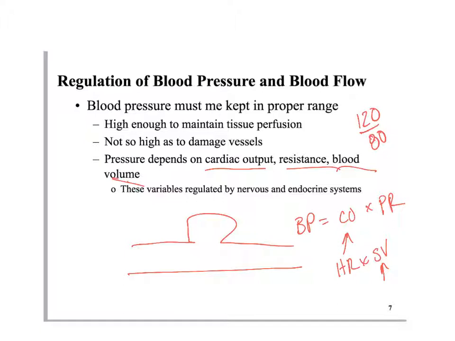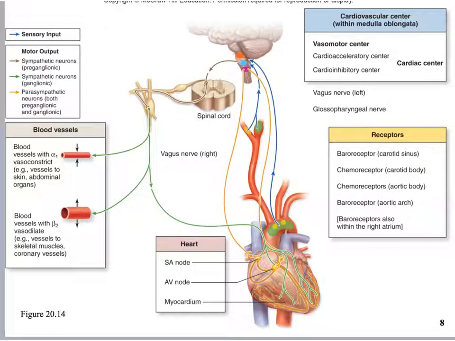We can influence heart rate by increasing or decreasing it through the sympathetic and parasympathetic nervous systems. We can vasoconstrict or vasodilate blood vessels to change peripheral resistance, all targeted at maintaining a consistent blood pressure. Okay? So let's go over how this happens.